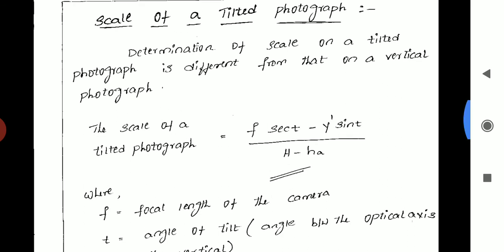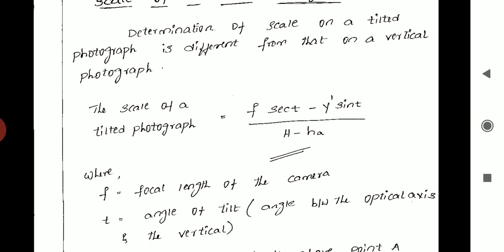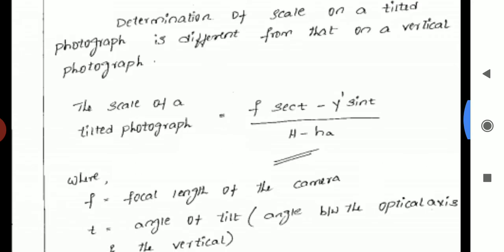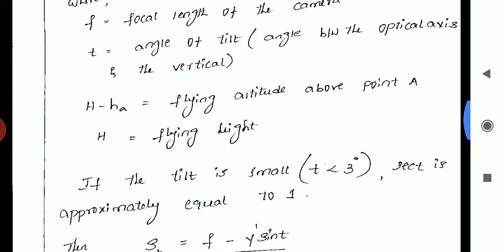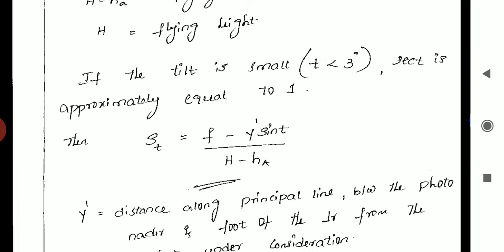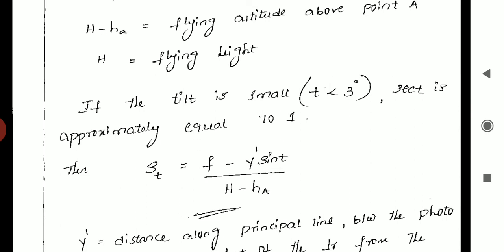Okay, in a tilted photograph, what is the formula? The scale of a tilted photograph equals f sec t minus y dash sin t divided by H minus ha. In these cases t is less than 3 degrees, so sec t is approximately equal to 1. If I put t equal to 3 degrees, sec 3 degrees becomes 1.